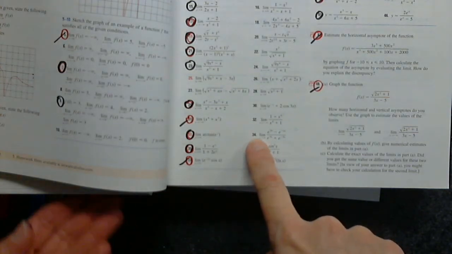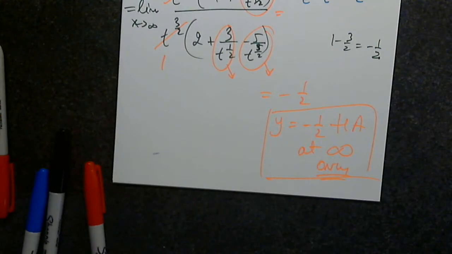So you choose. What do you want to continue with? Which one? 34? This one? Perfect. So let's take a look.